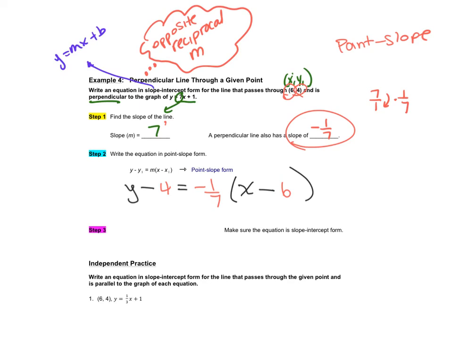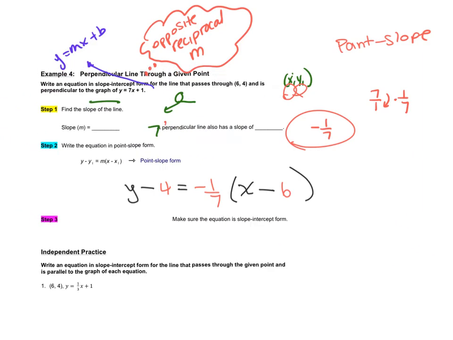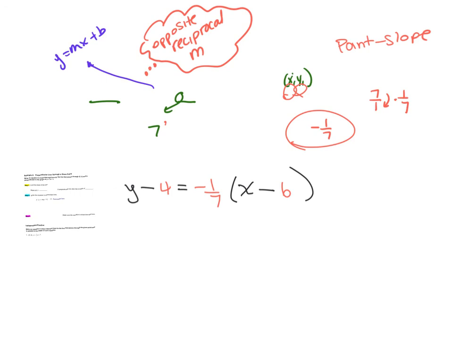Now I need to put it in slope-intercept form. I am going to distribute the negative 1/7. Rewrite: y minus 4 is equal to negative 1/7 x, and negative 1/7 times negative 6 over 1 becomes positive.